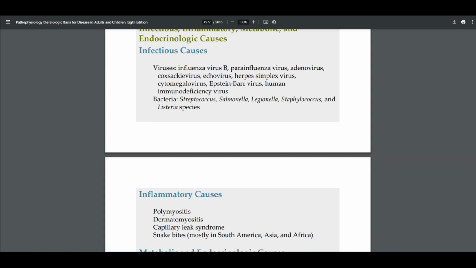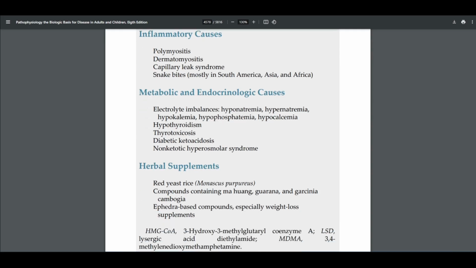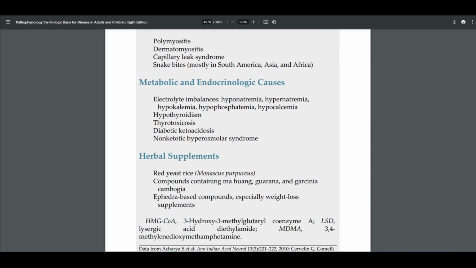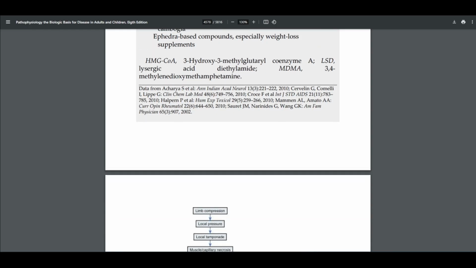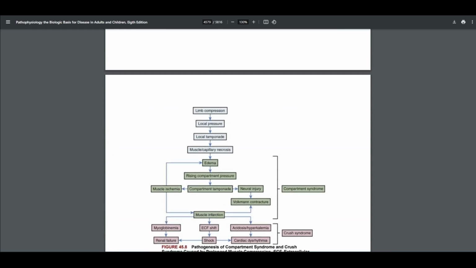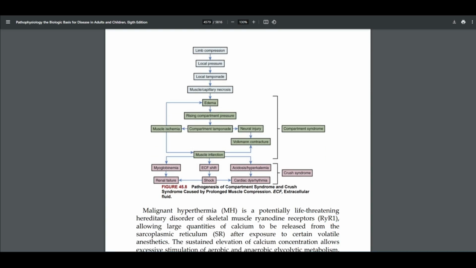Again, that pause button is our friend. Here is the pathogenesis of compartment syndrome and crush syndrome. Again, it's nice to see the difference of how it works, so it's a good spot to hit pause and give it a review.